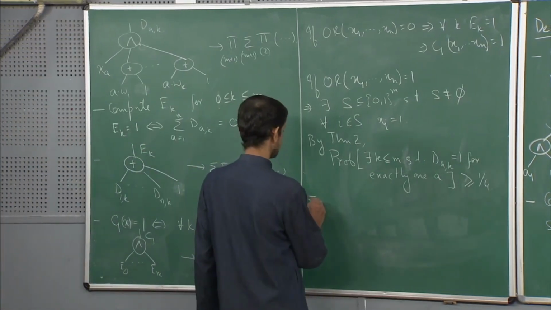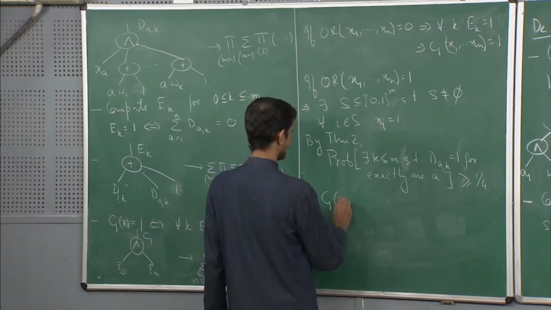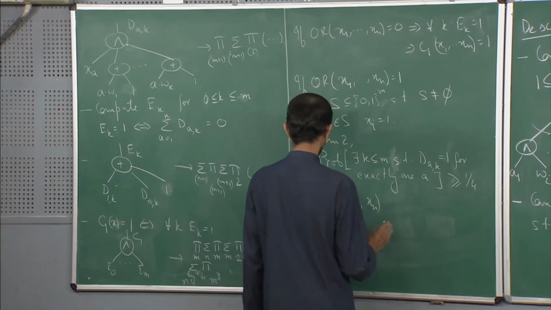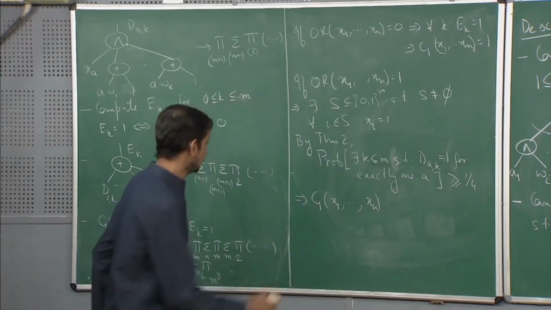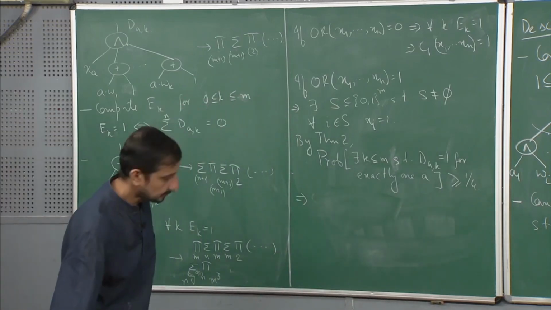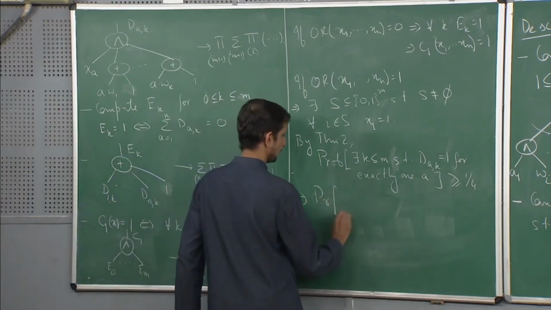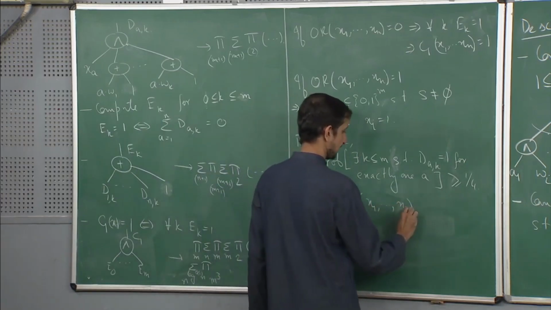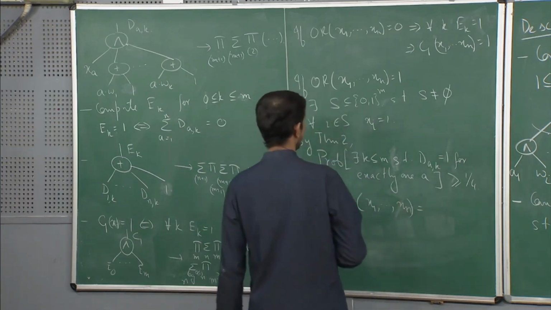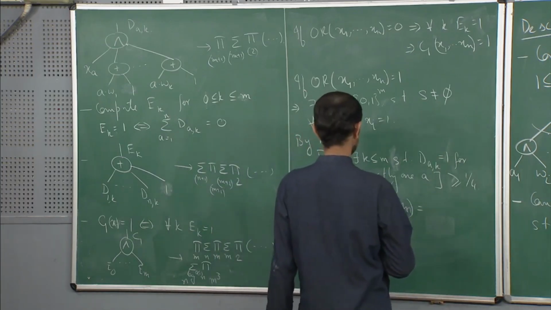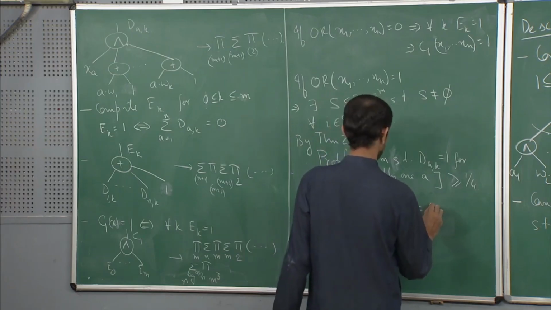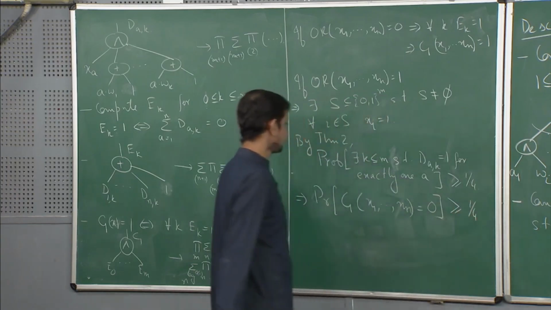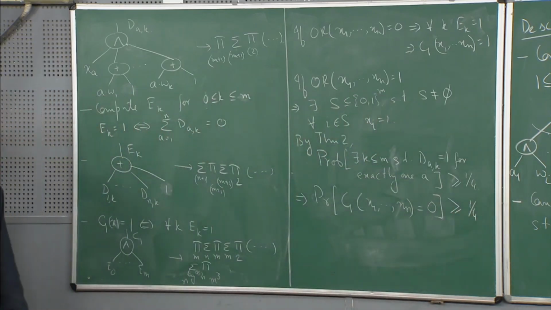So, the probability that C1 of x1 up to xn is equal to 0 is greater than 1/4.